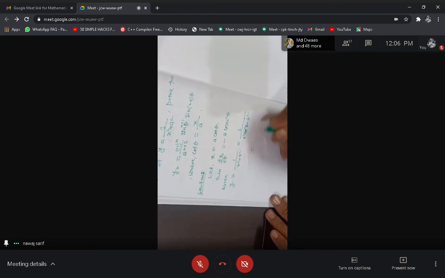A square is common, so 1 plus cot square theta, and 1 plus cot square theta is cosec square theta. So this is 1 upon a square cosec square theta, which means sin square theta upon a square.